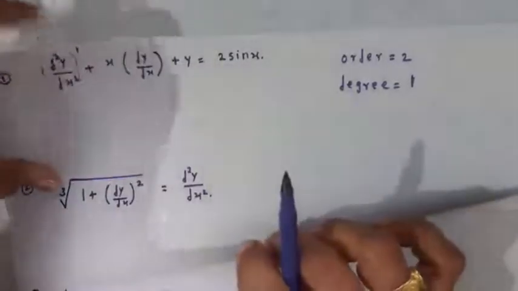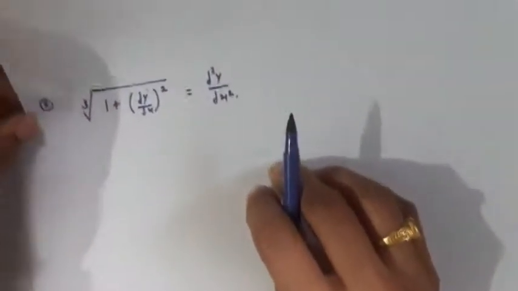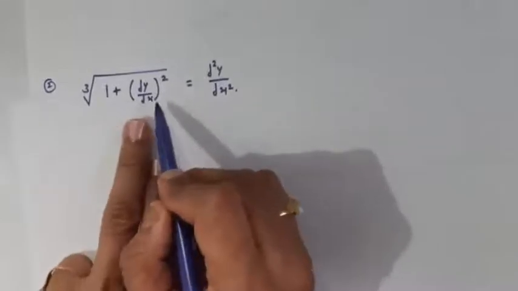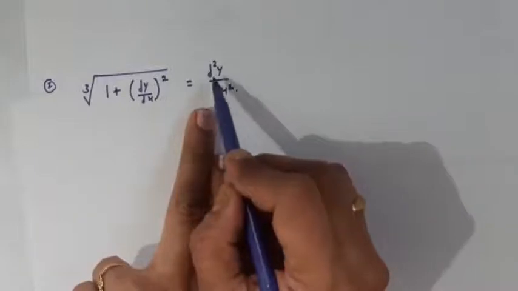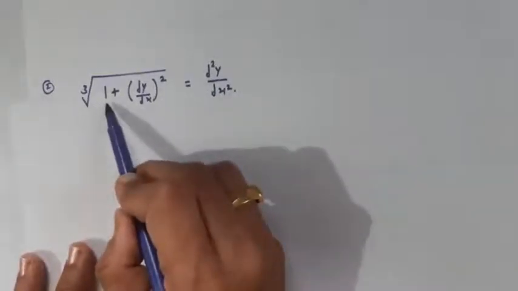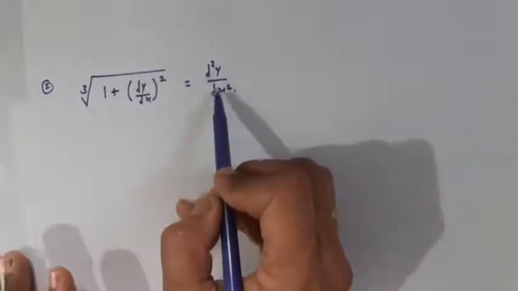Now the next example is to find out the degree and order of differential equation: cube root of 1 plus dy by dx whole square equal to d2y by dx square. So here is the cube root and here is the d2y by dx square.